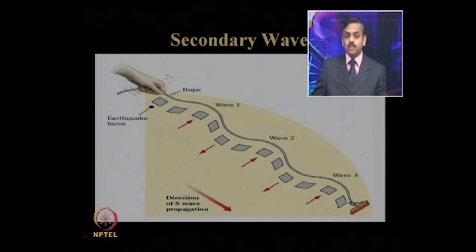The S wave also propagates in the same fashion. The direction of movement of the S wave is in this direction, but the particles move perpendicular to that. Some particles go in this direction, some come in this direction. In that zigzag fashion, but perpendicular to the direction of the S wave, the particles move.